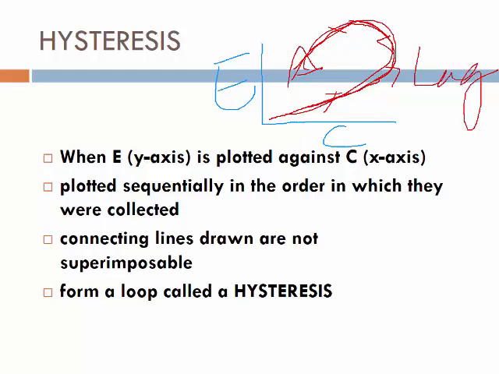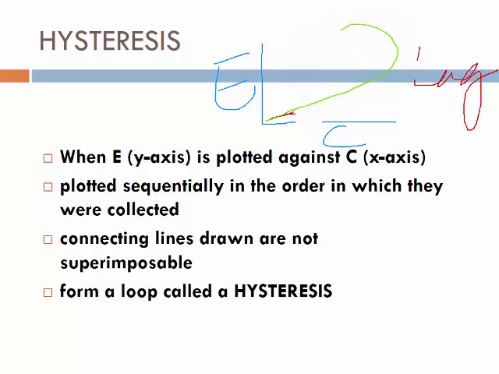This would be a hysteresis showing a lag, right? I'm going to talk you through that one more time. The concentration increases, the effect increases, the concentration is still increasing, the effect is still increasing. Now the concentration starts to fall, but we still have an increase in effect, and still the effect is increasing.